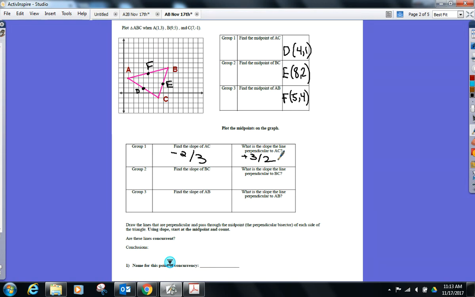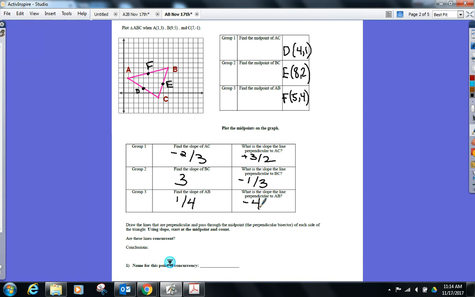Group 2, what'd you find for the slope of BC? Should be 3, yep. Meaning any line perpendicular to it will have a slope of -1/3. Okay, group 3, what do you got for me? Slope of AB? 1/4. So any line perpendicular to it will have a slope of -4.